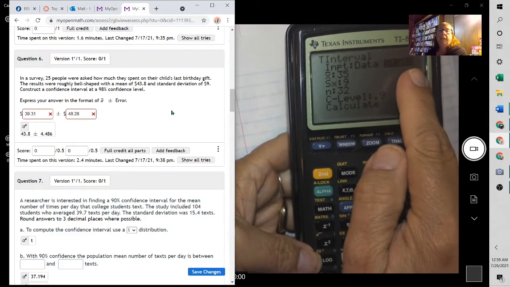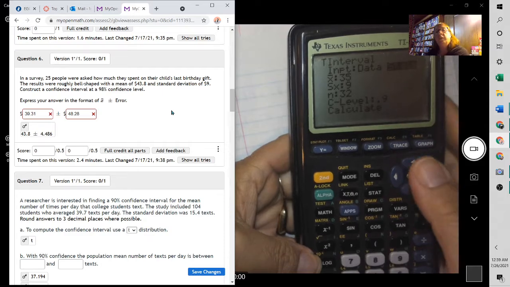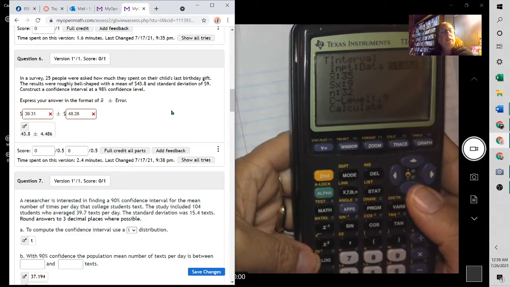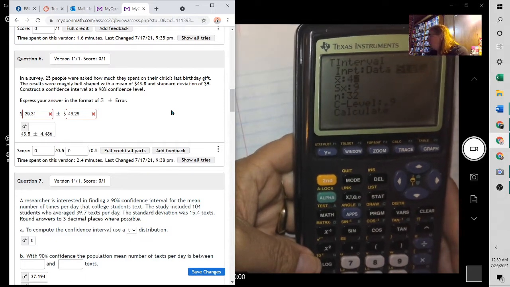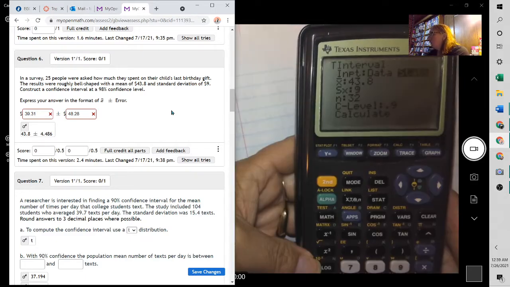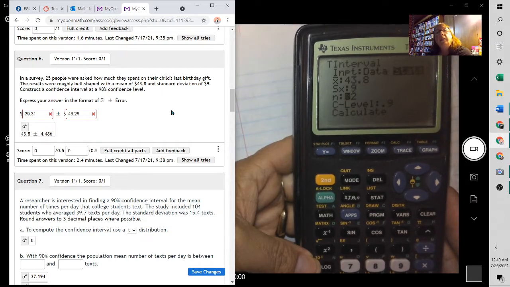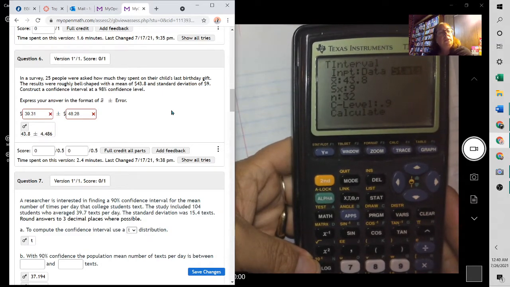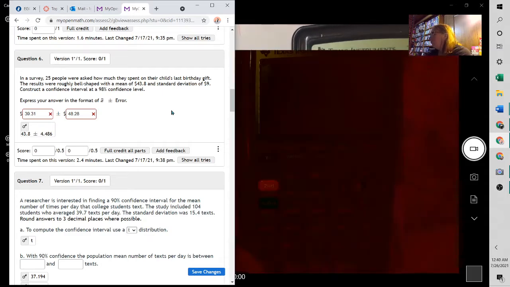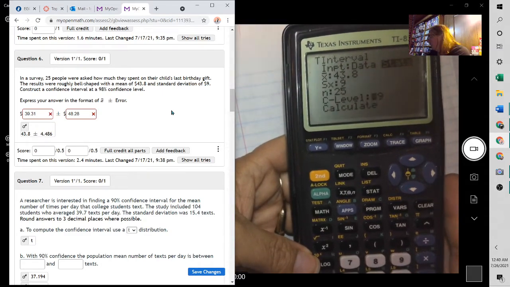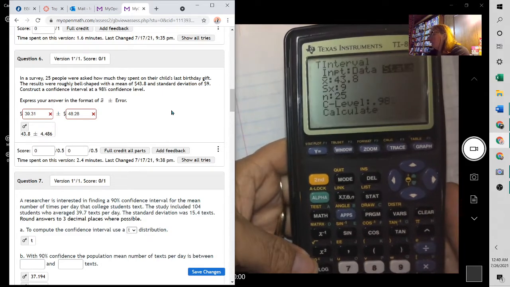It's still stats. It's data if they give you values. And then our mean for this one was 43.8. Standard deviation was 9. Sample size was 25. And the confidence level was 98%, so 0.98.